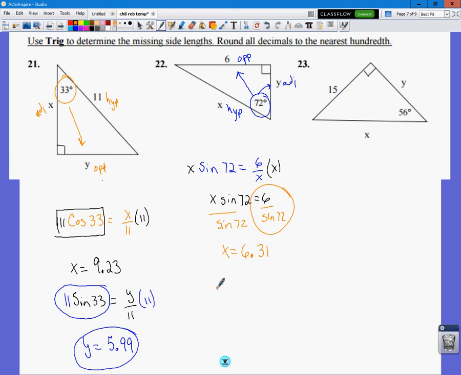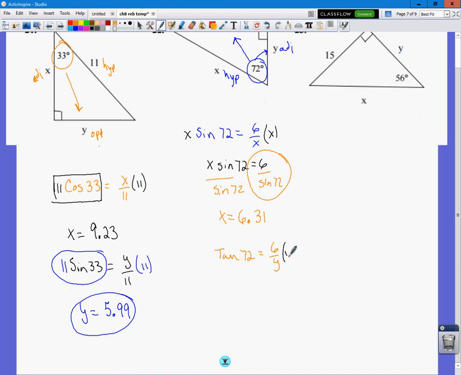When I go to find y, that would be opposite and adjacent. That's a tangent function. So the tangent of 72 is equal to 6 over y. Again, we don't solve for y when y is in a denominator, so we're going to multiply both sides by y, leaving me y tangent of 72 is equal to 6.